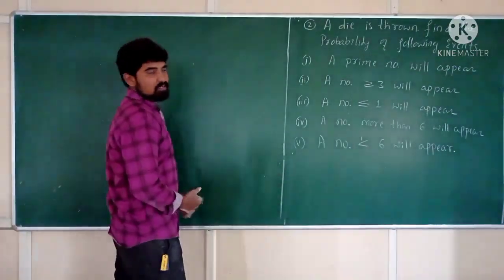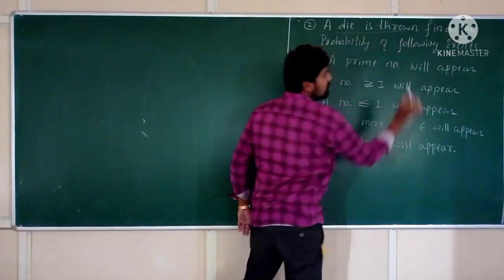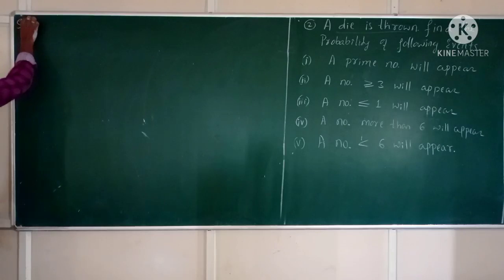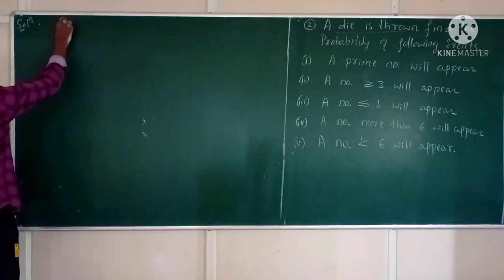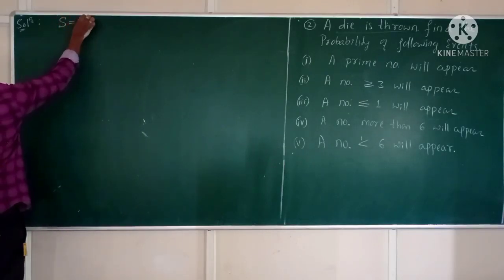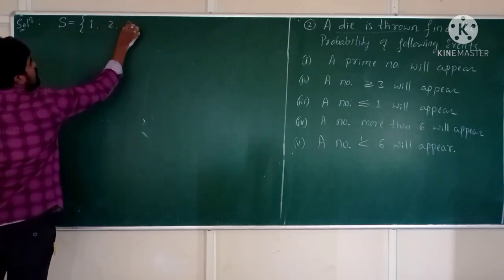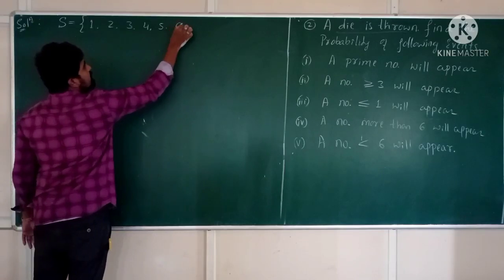Let's start the solution. First, here it is given that the random experiment is a die is thrown. Therefore, the sample space associated with the random experiment a die is thrown is given by S is equal to 1, 2, 3, 4, 5 and 6.